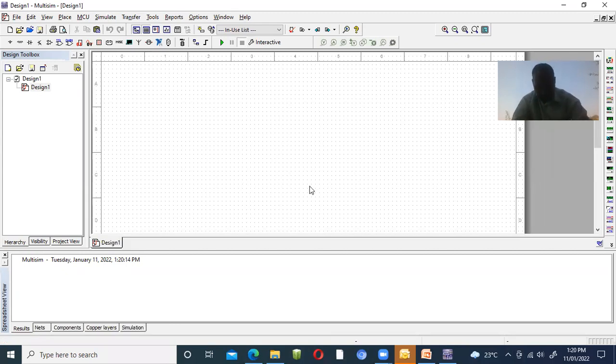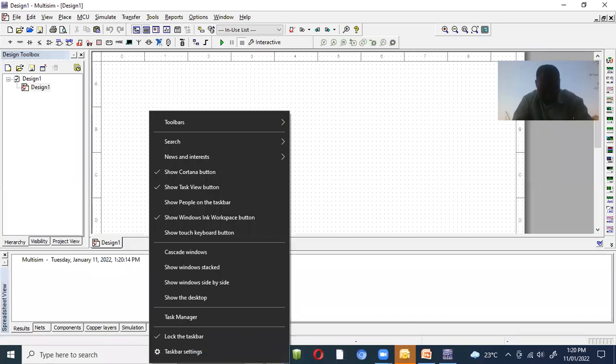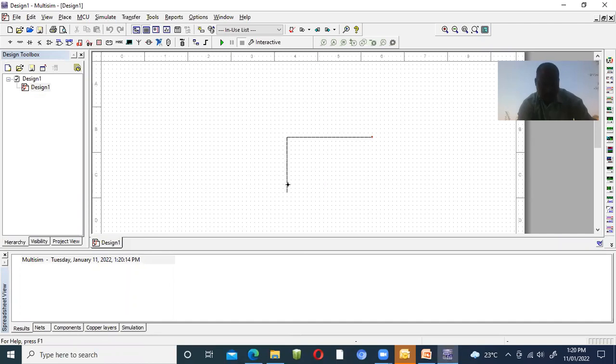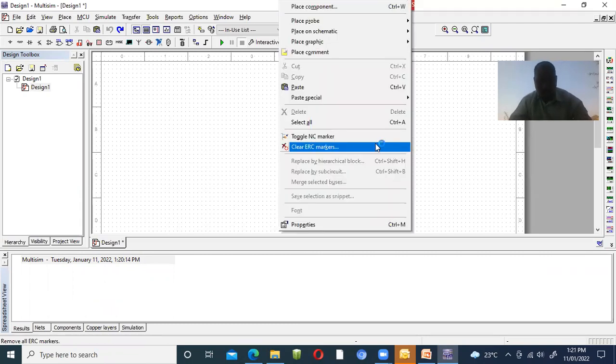Okay. See the diagram, which we have to use.